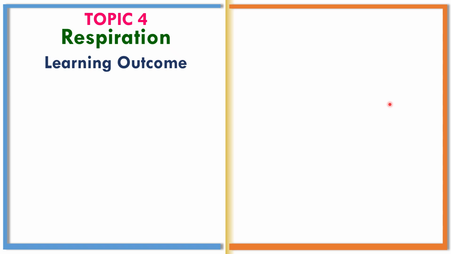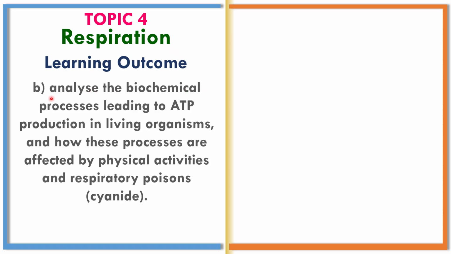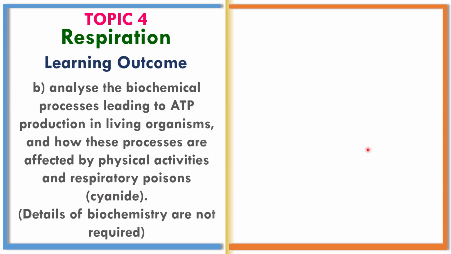Our learning outcome B: Analyze the biochemical processes leading to ATP production in living organisms and how these processes are affected by physical activities and respiratory poisons, cyanide.